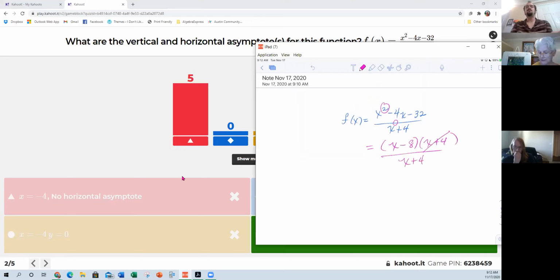And those x plus 4s will cancel. So that means that there is no vertical asymptote at all. That would be a hole. It's just going to be a line, x minus 8 with a hole in it. So there is no vertical, there is no horizontal asymptote on that one.